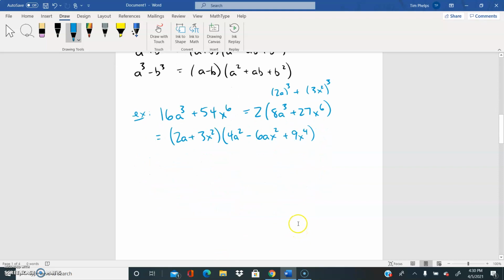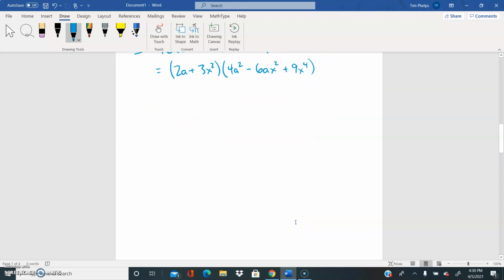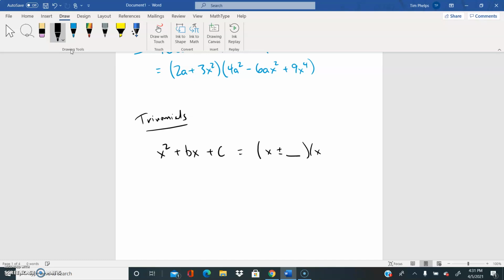So that's special products. Next thing I want to look at is trinomials. For trinomials, basically, the easier case is where I have x squared plus bx plus c. It's going to factor to basically x plus or minus something, and then x plus or minus something.